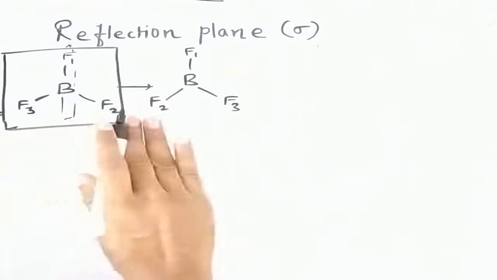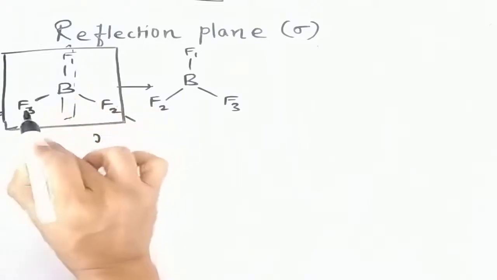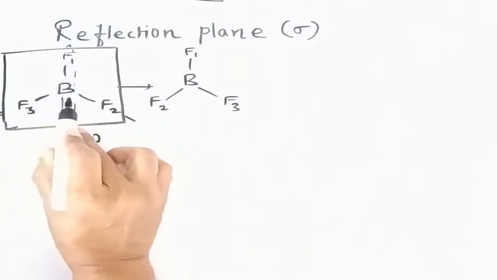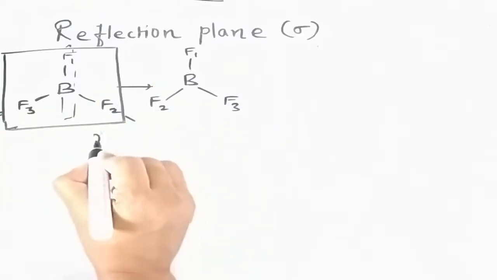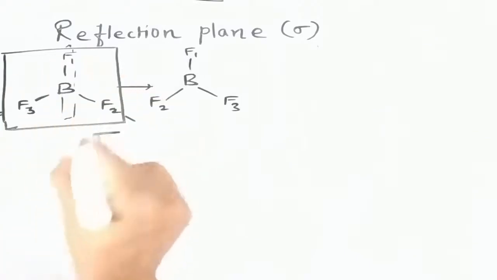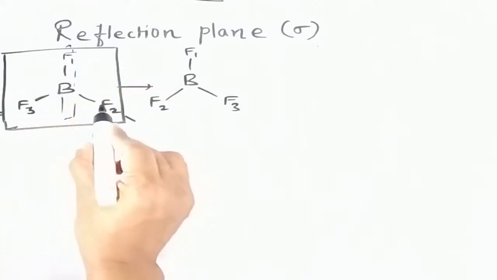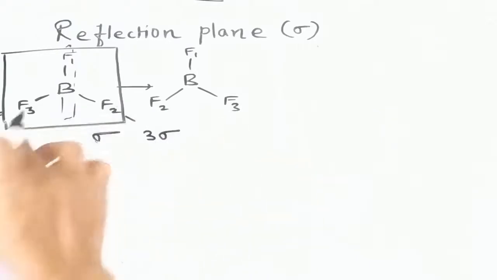Here also it is present. It is passing through F1, F2, F3, and the boron atom. So it will be another plane. So as such, there is one sigma, that is the molecular plane, and another 3 sigmas of the same type.